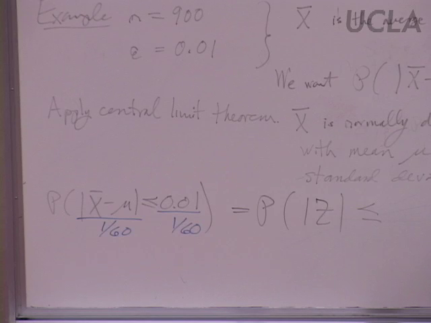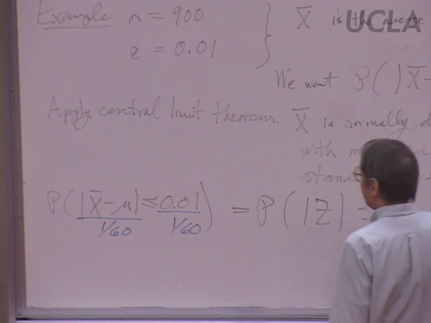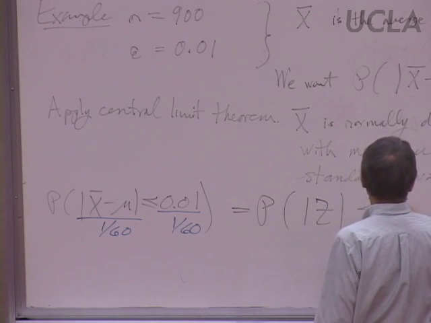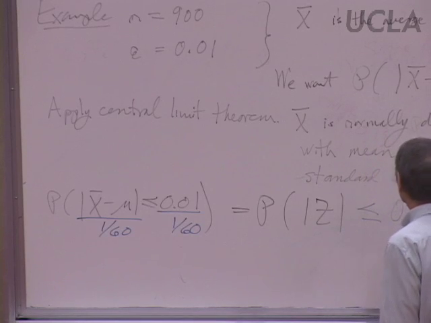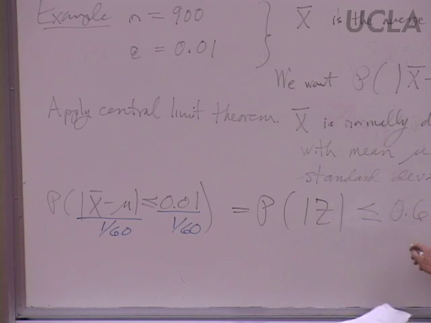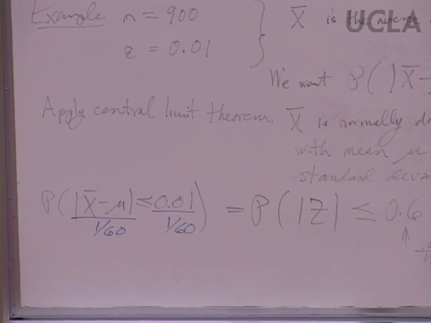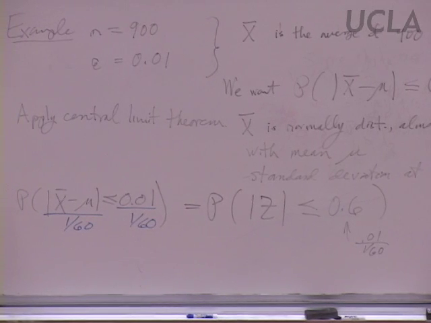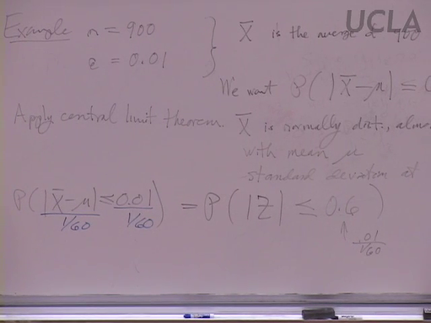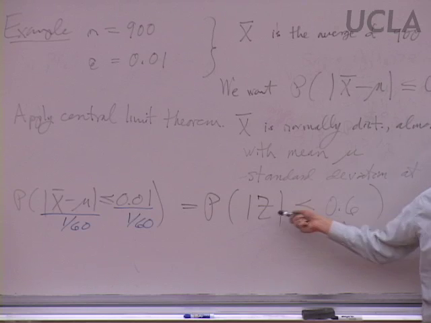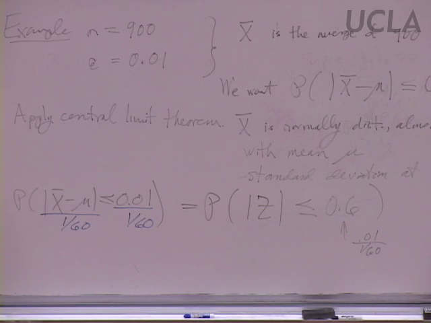0.01 divided by 1 over 60, so it's 0.01 times 60. Okay, times 60 gives us 0.6. So we want the probability that something with a standard normal distribution in magnitude is no more than 0.6.